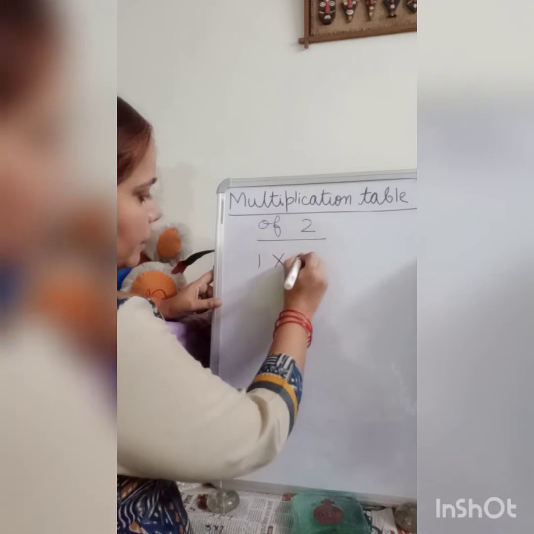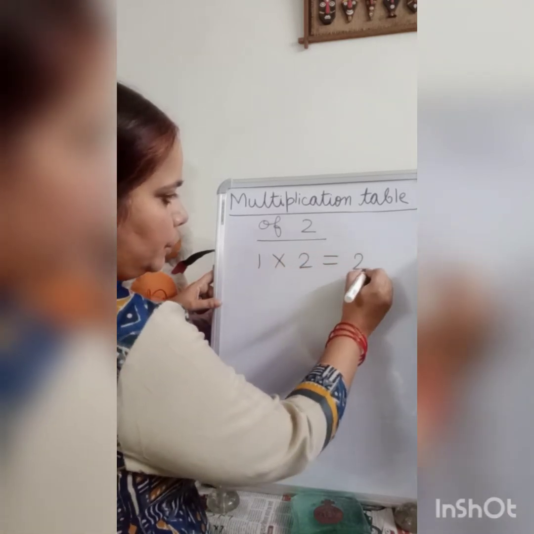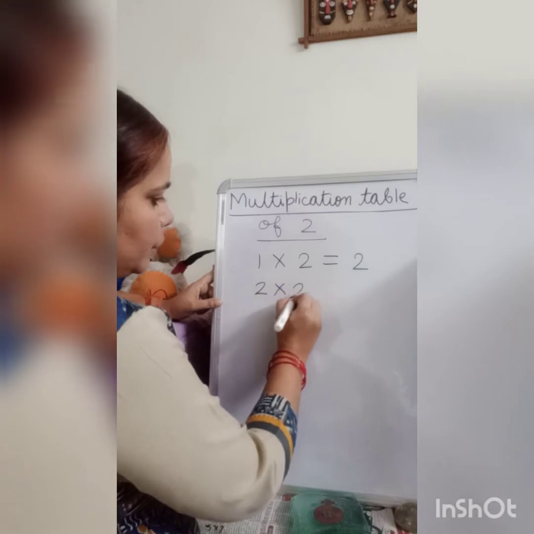1 times 2 is equal to 2. 2 times 2 is equal to 4.